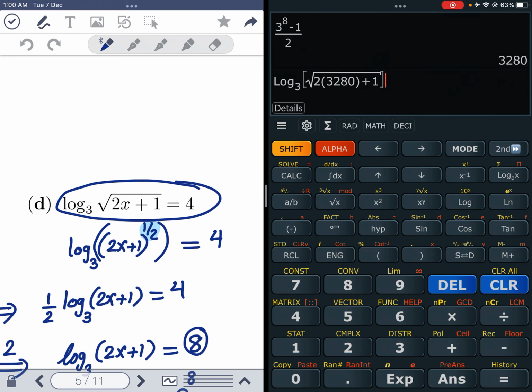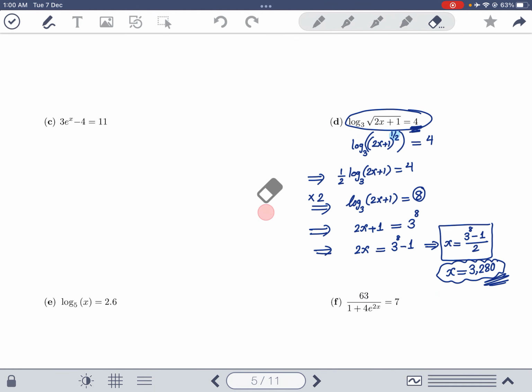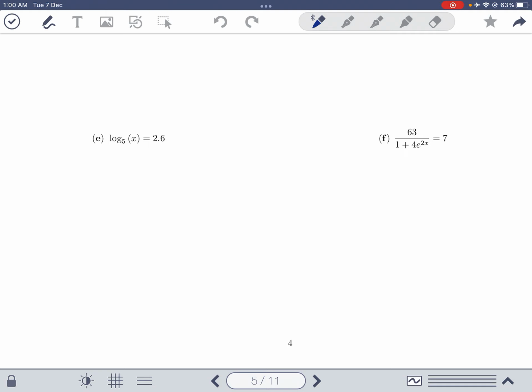Now when we evaluate this, we want to get 4 equals 4. Yes, so great. This means that this question is correct, and we'll go to the next one. So the answer to this question is, you can write it either like this or like this. Both of them are precisely the same answer. Okay, now we go to part E.